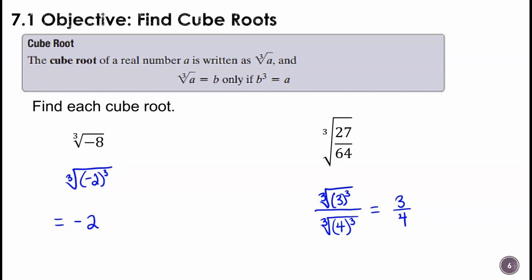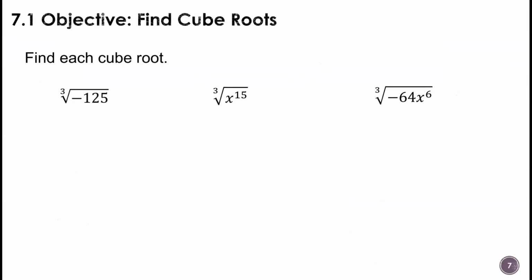You can also make your own list and look at these perfect cube numbers. So basically we have 2 cubed is 8 and 3 cubed is 27, 4 cubed is 64, 5 cubed is 125. Those are some of the most common numbers that we'll be using when we're talking about cube roots. I think maybe I have a list on another lesson of some of those.